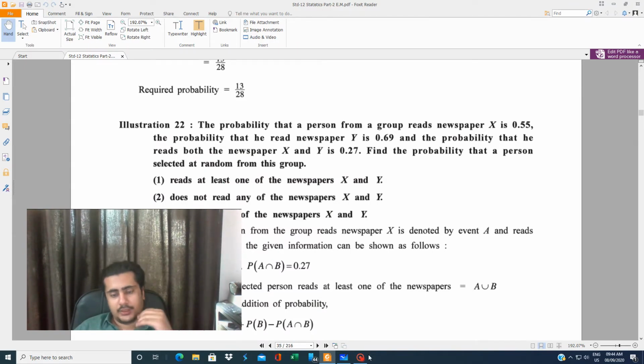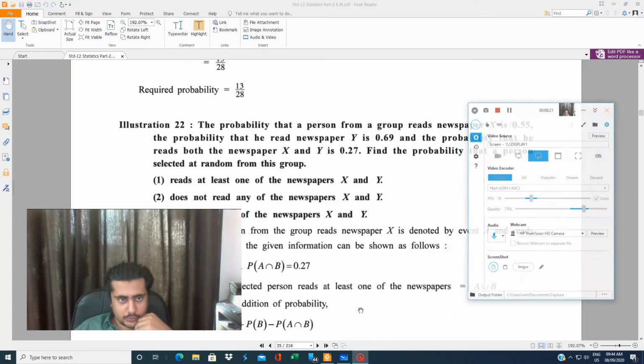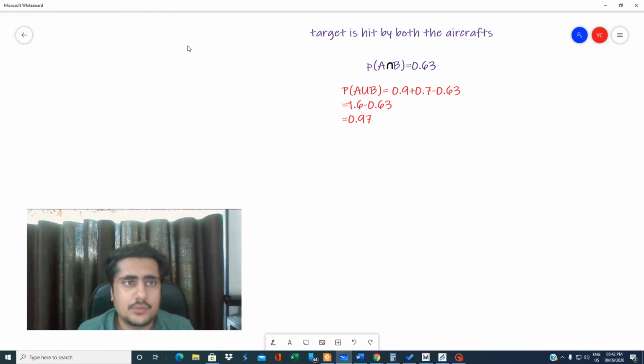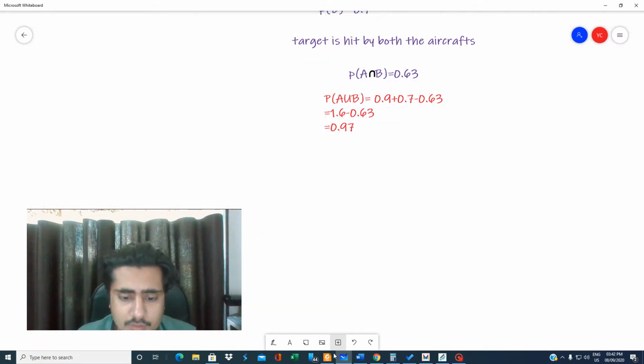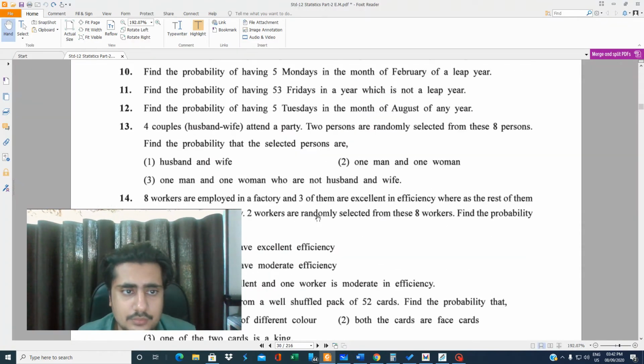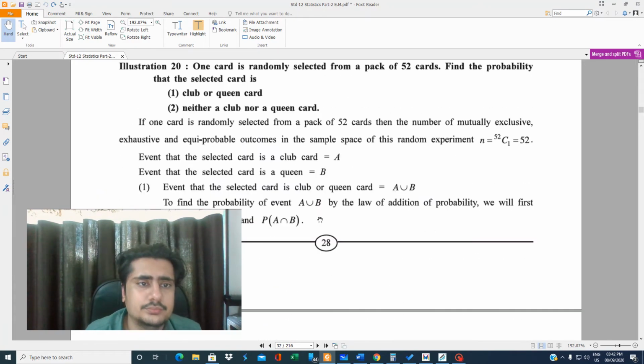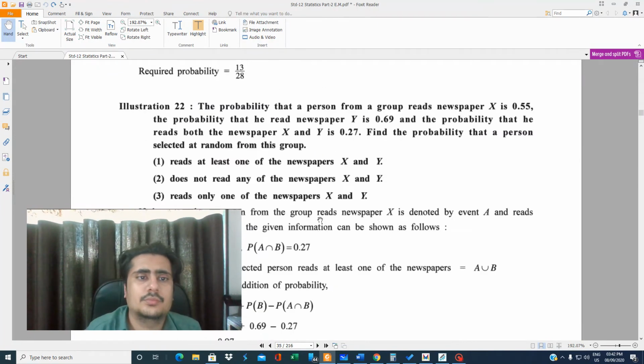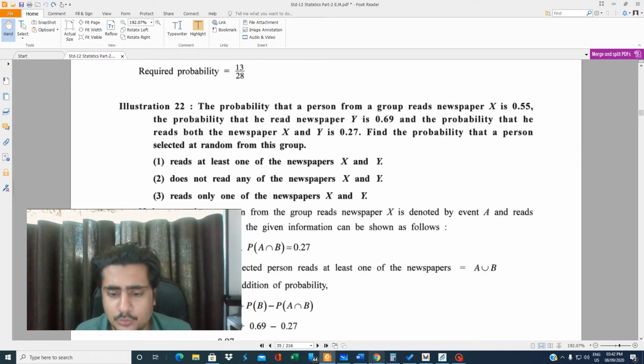Then we are moving ahead to the sum again. Okay, so we have completed this sum. We are doing illustration number 22.